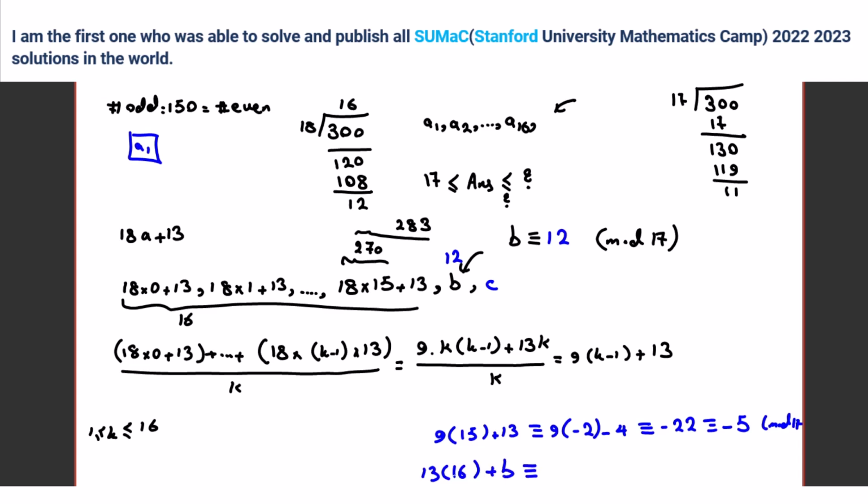Mod 18, 13 is negative 5, 16 is negative 2, plus b. So it will be b plus 10, right? So for example, if b is 12, 10 plus 12, 22. 22 mod 18 is 4, so we need negative 4 or 14. We have 14, right? Because you used only 13 mod 18, right?